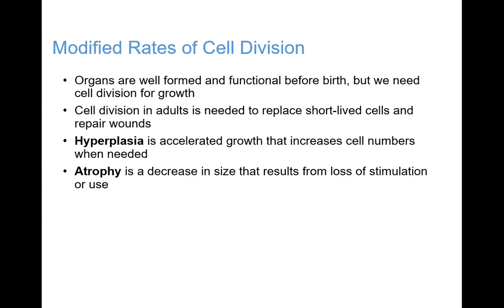We can have rapid cell growth called hyperplasia when we need it. And if we don't use certain cells, they can atrophy. Skeletal muscle cells, if they're not used with exercise, will shrink and get weaker. They will enlarge if there's lots of exercise.